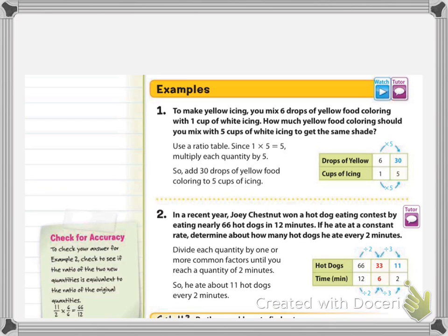So in this first example, if you go back to the word problem, it says that you mix 6 drops of yellow food coloring, and then you're comparing it to 1 cup of white icing.